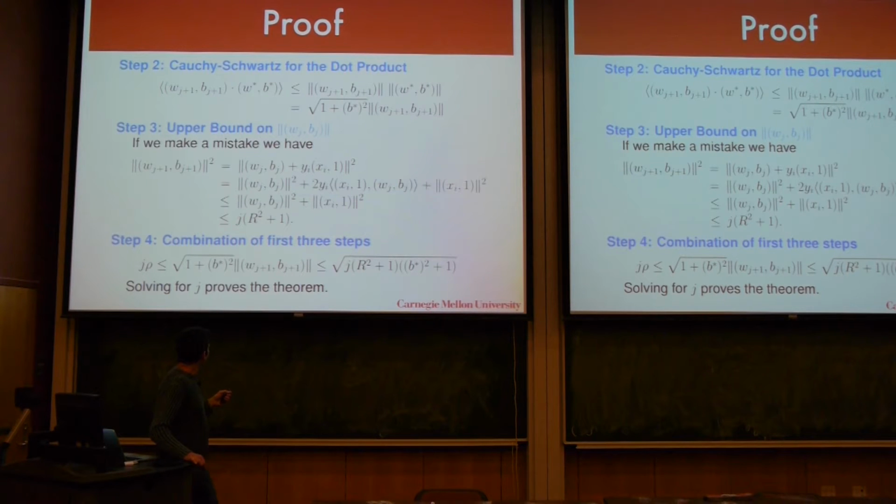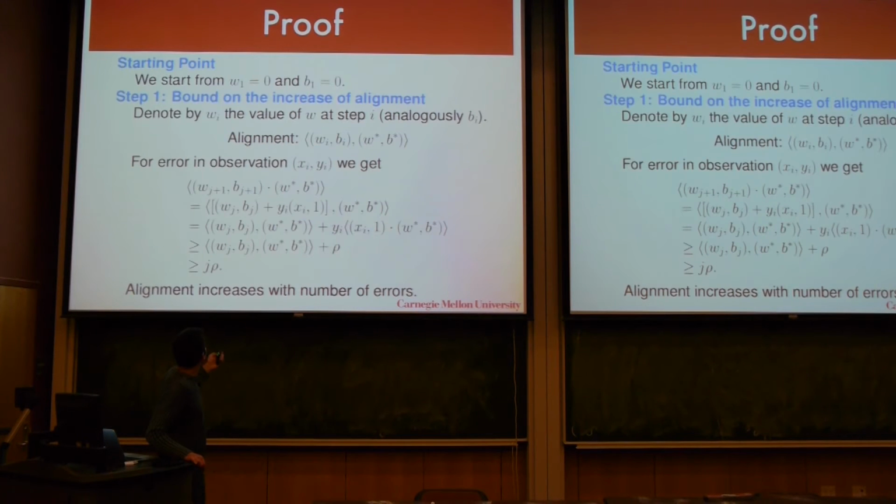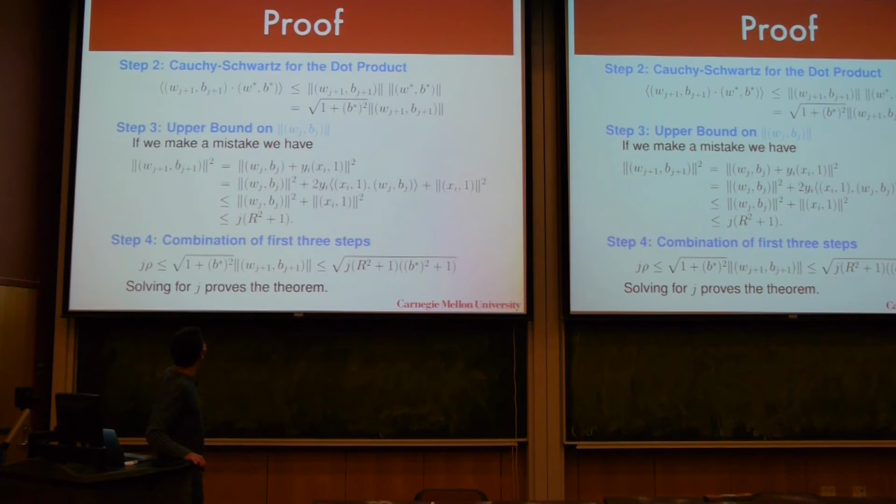Okay. So now all I have to do is combine step 1 with step 2. So I get j times gamma is at most the norm of w j plus 1, which is at most r times square root of j. So on the left hand side, I have something that grows linearly in j.